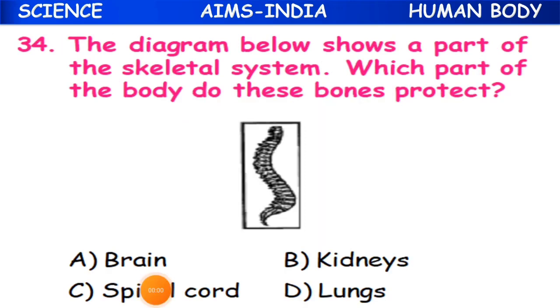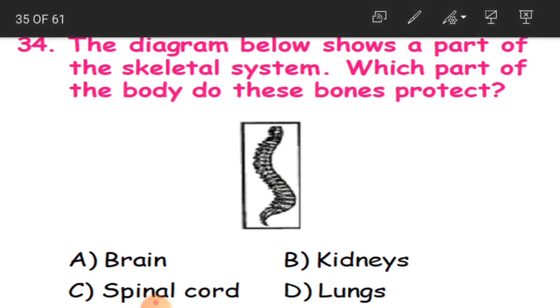Clear? The diagram below shows a part of the skeletal system. Which part of the body do these bones protect? See children, here in the picture you can see a part of the skeletal system. So which part of the body do these bones protect?